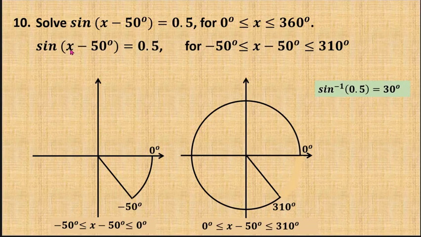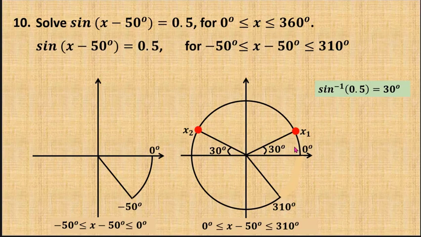Since sine of x minus 50 is a positive value 0.5, the angle should be in the first quadrant and second quadrant. In the first circle, the first quadrant and second quadrant are out of range, so they are not included.